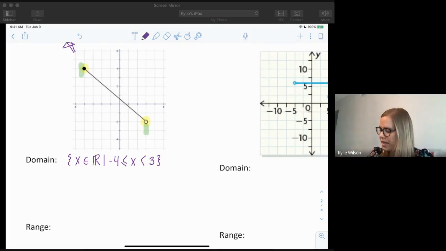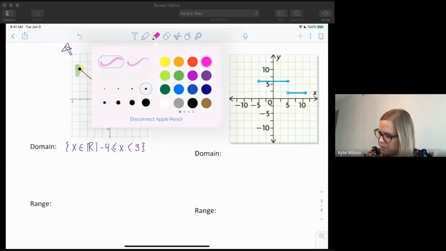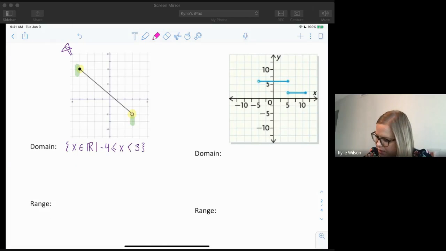Now let's take a look at the range. So my range is between 4 up here, and down here it's at -2. Now again, at -2, there is an open circle. So that number -2 is not included in our range.